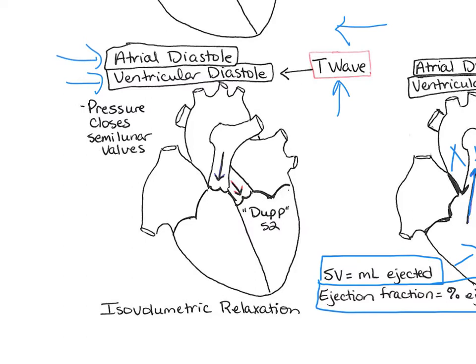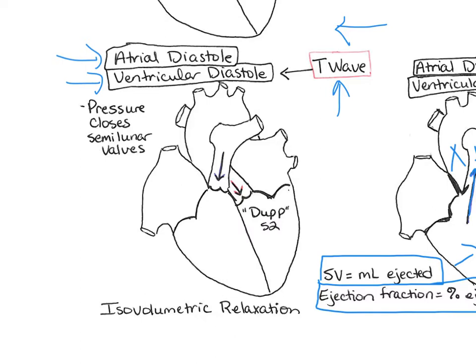The T wave is just telling you that those potassium channels are open, potassium's leaving the cell, and we start to repolarize.